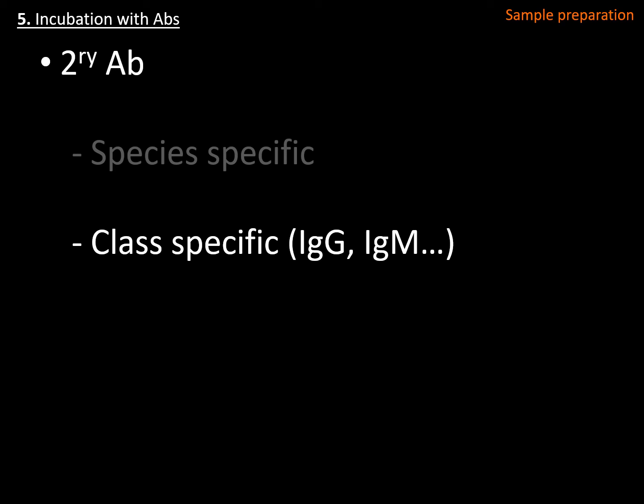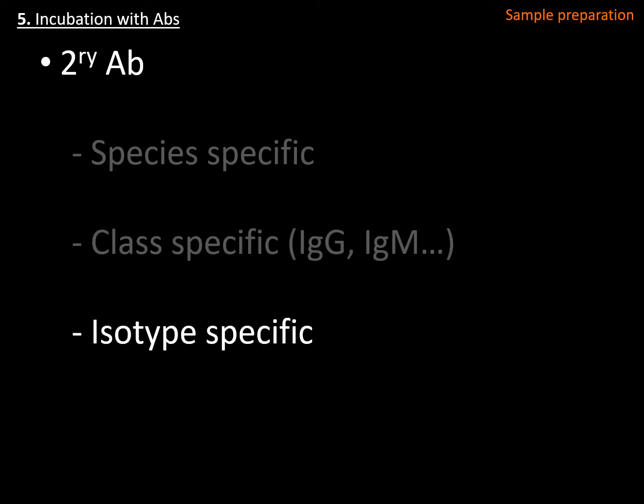For instance, if you only have mouse antibodies for both targets that you want to detect in your sample, when one is an IgG and the other one is an IgM, you can use secondary antibodies against mouse IgG and mouse IgM and still be able to detect both targets at the same time.